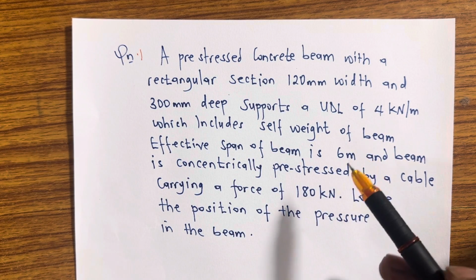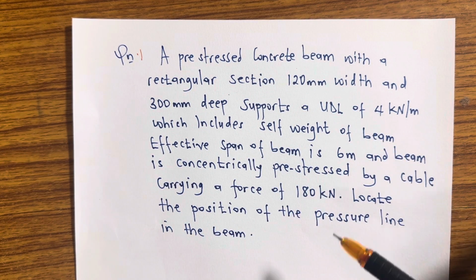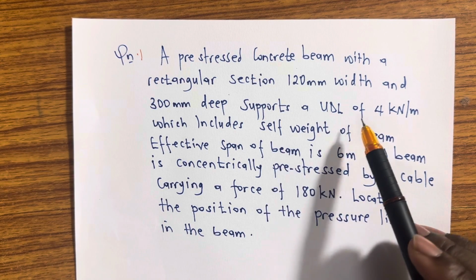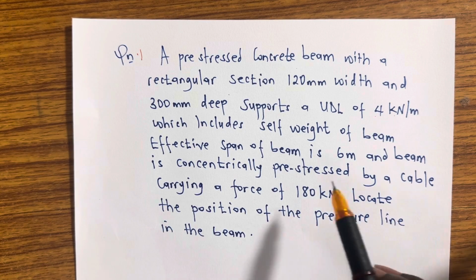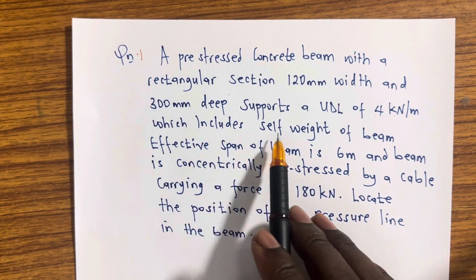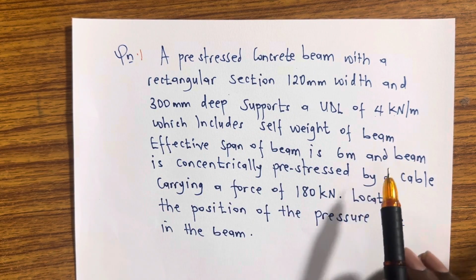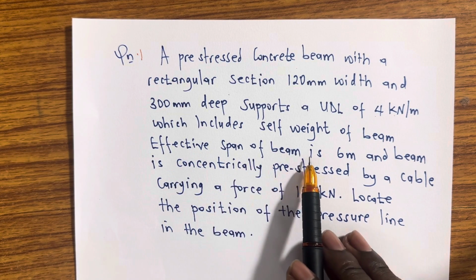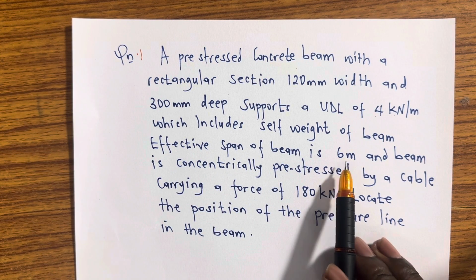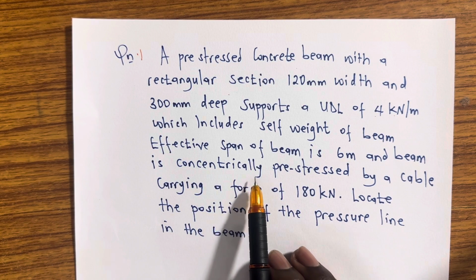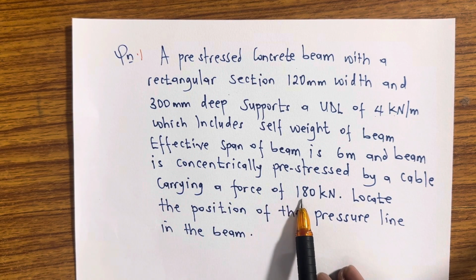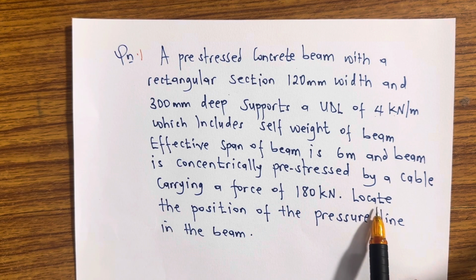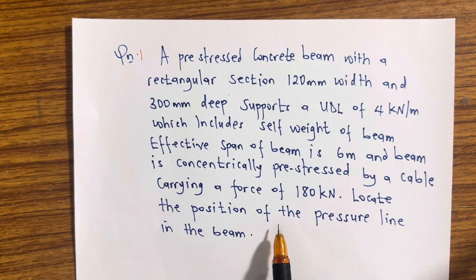That means both the self weight and the live load are combined to be 4 kN per meter, so take note of that. The effective span of the beam is 6 meters, and the beam is concentrically prestressed by a cable carrying a force of 180 kN. Locate the position of the pressure line in the beam.